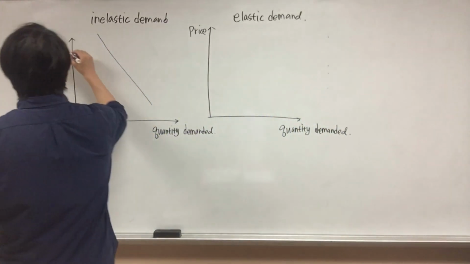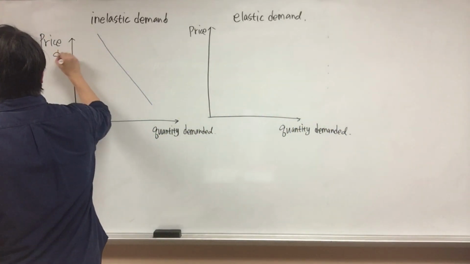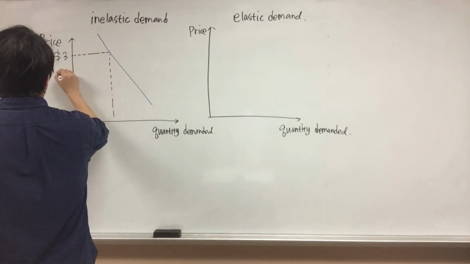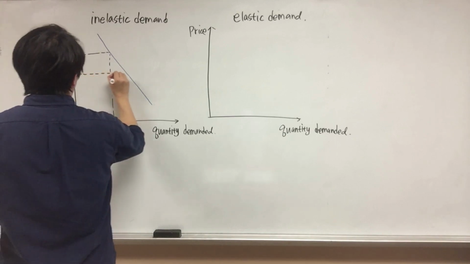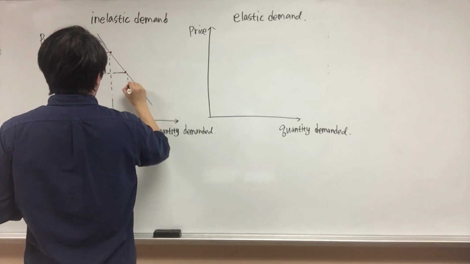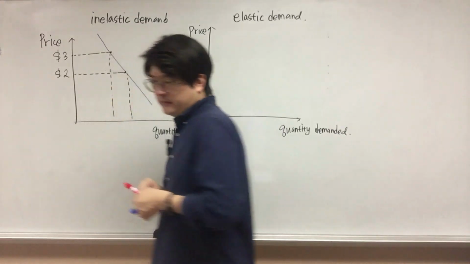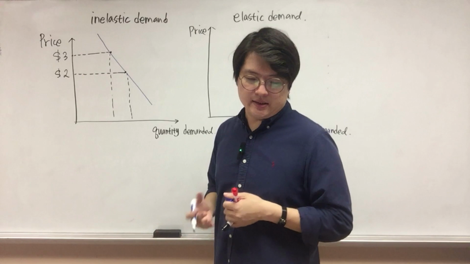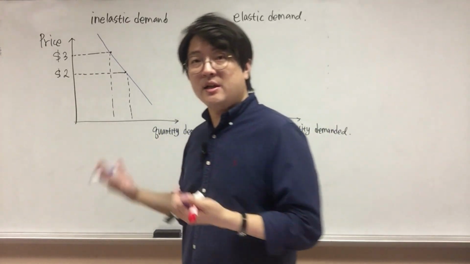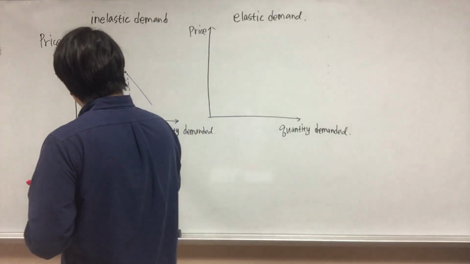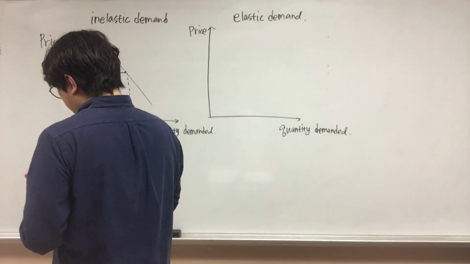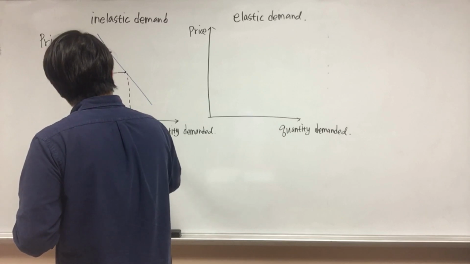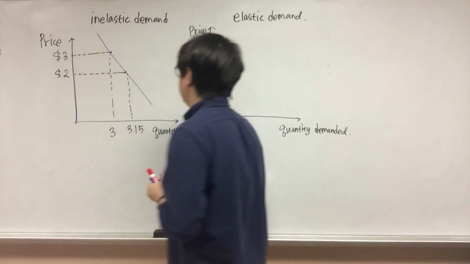So if we know that the gas price changes from $3 to $2, and at the same time, the quantity demanded has increased slightly from 3 to 3.50.